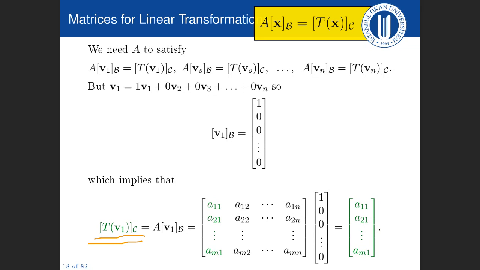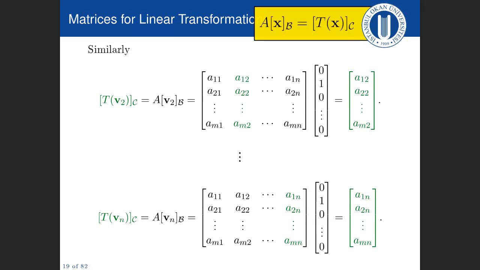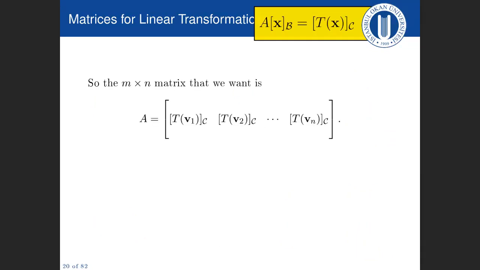Instead of doing this for v1, we could do this for any of the vectors in our basis. The second column of the matrix that we want is just going to be the coordinates of T of v2. And all of the way up to the nth column of the matrix that we want must be the coordinates for T of vn with respect to C. So we found the matrix that we want.